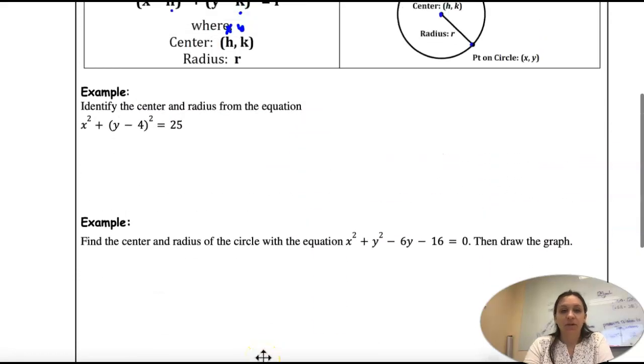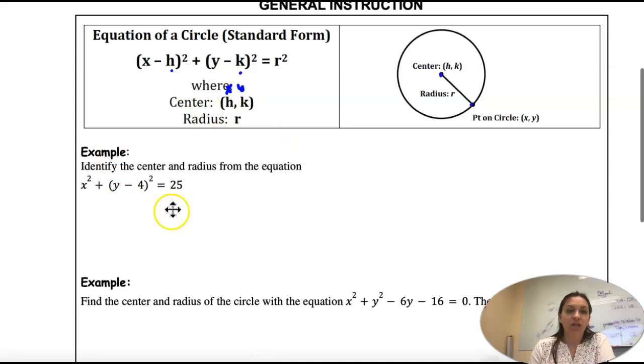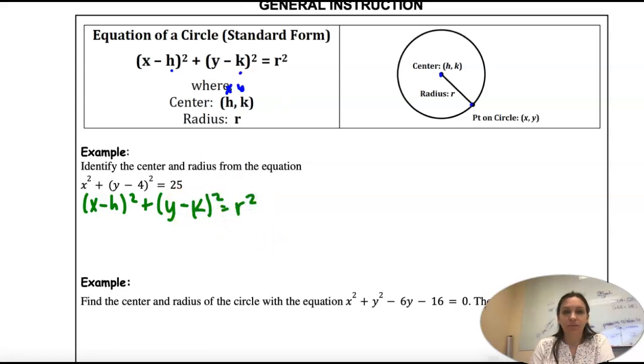Okay, so if we just look at an equation that's already in standard form, we can just really quick see what's the center and what's the radius. So our equation is x minus h squared plus y minus 4 squared equals 25.